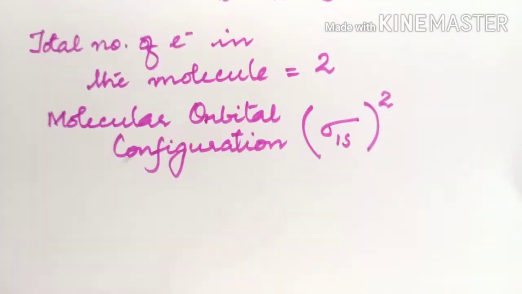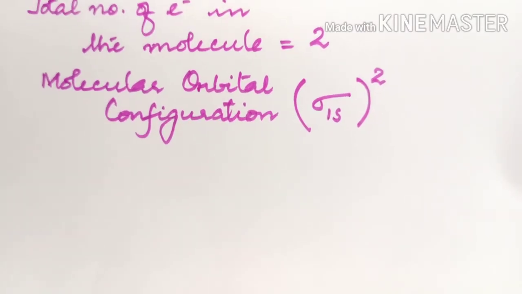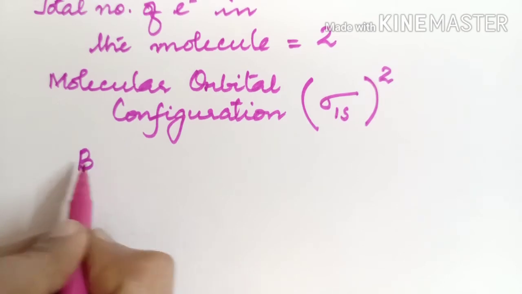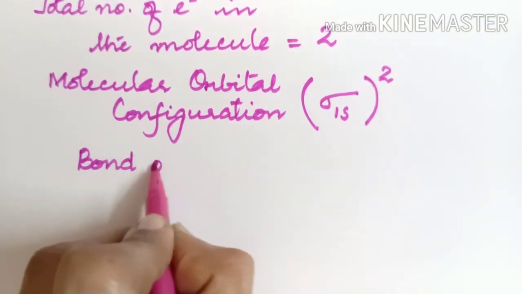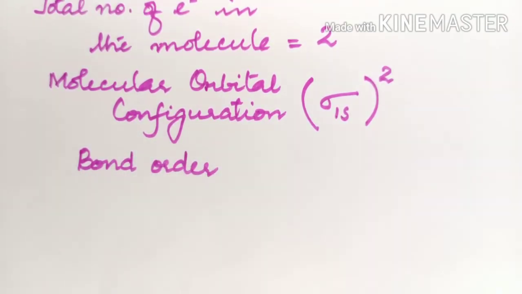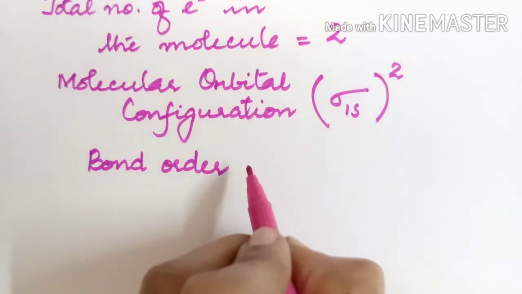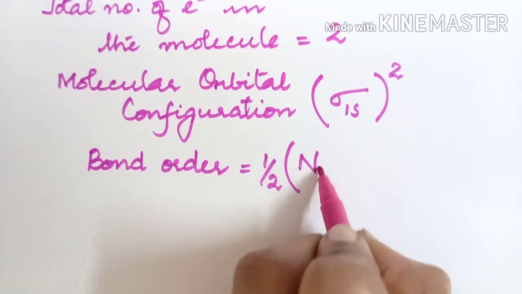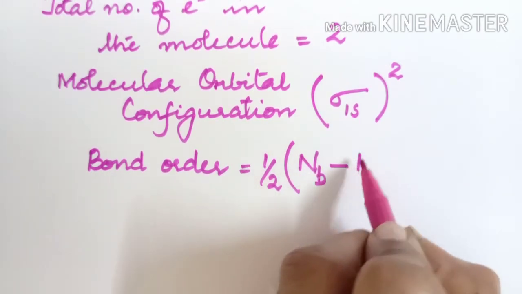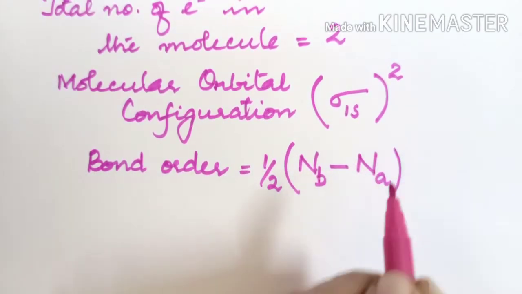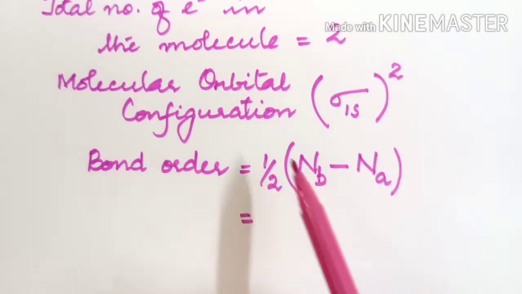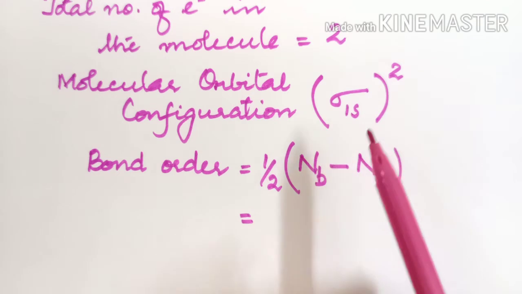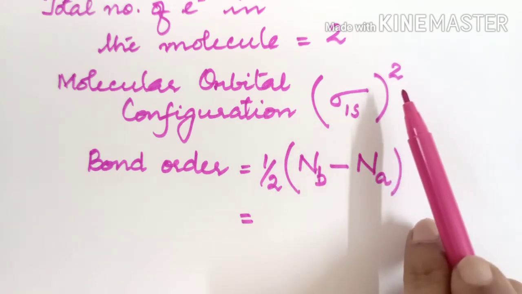Now to find out whether the molecule is stable or not, we use a quantity that is known as bond order. Bond order is calculated using the formula half of number of electrons in bonding minus number of electrons in antibonding. Now here in this case you find that only bonding orbitals are involved, and how many electrons are there? 2 electrons.